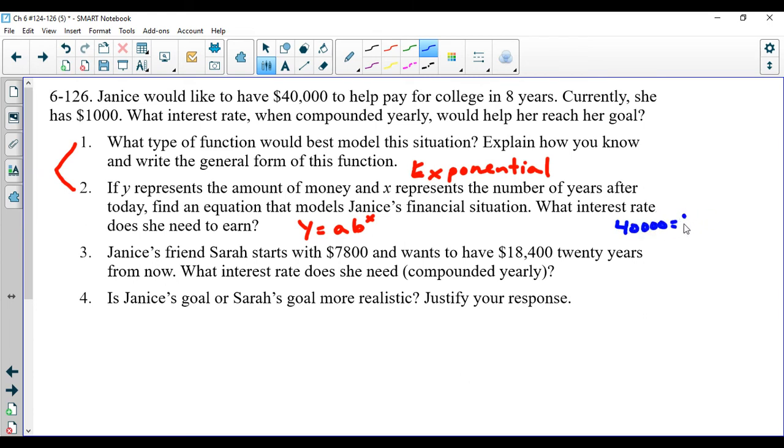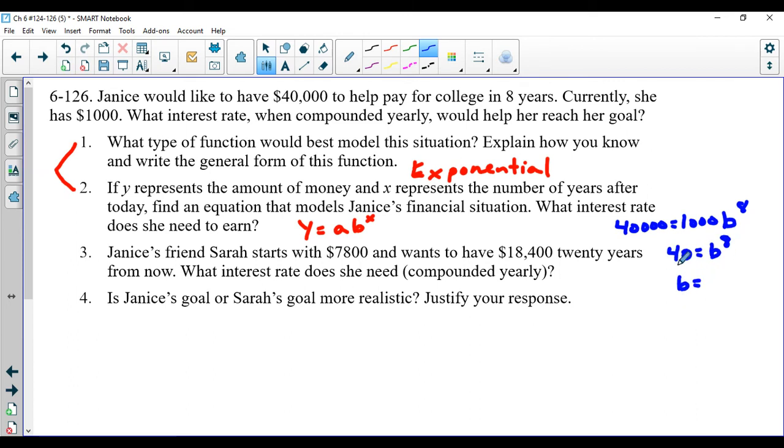We know she started at 1,000. We know a certain amount of growth, or a b value, after 8 years will help her get there. So one way you can figure that out is to set up this equation. 40,000 is equal to 1,000 times b to the 8th. So if I divide both sides by 1,000, I now have 40 that's equal to b to the 8th.